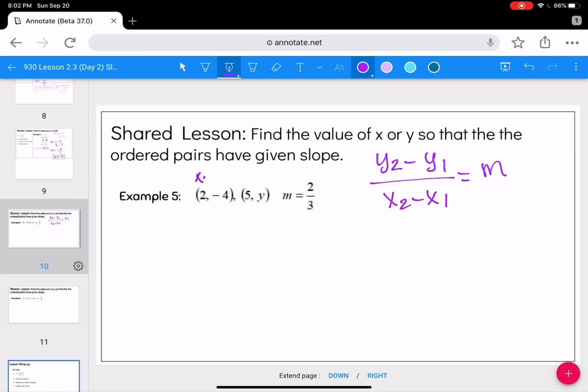So I have x1 and y1, x2 and y2, and I'm also given my slope here. So I'm going to plug values into my equation here. So I have y2, which I labeled as y. So that is going to be y minus y1, which is 4. I'm going to write this with my purple.